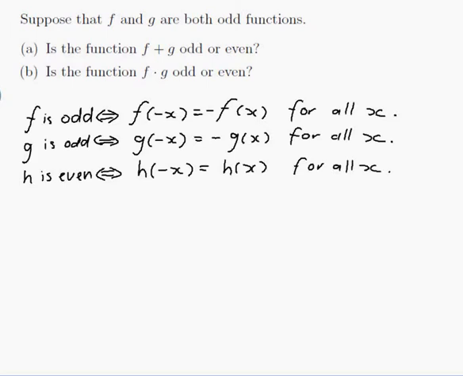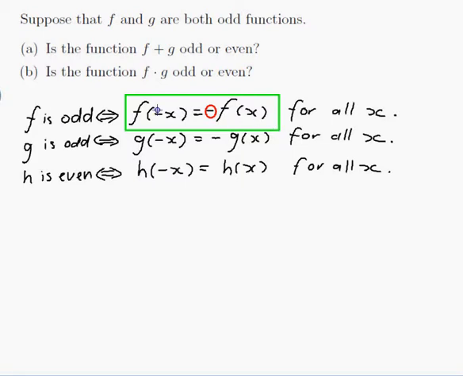Okay. So what do these mean? That's the definition of odd. f of minus x is equal to minus f of x. So what we were able to do is take this minus sign and pull it out the front of our function.